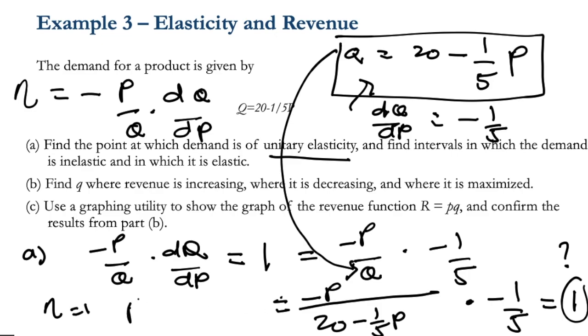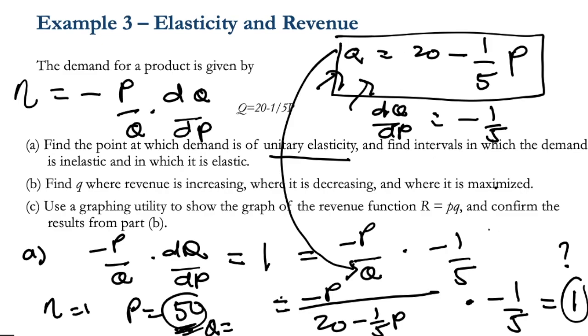Search for P. What is your P? When you rearrange, you're going to see P equivalent to 50. If you don't believe me, rearrange this until you get price equivalent to 50. After you get price equivalent to 50, then find Q. How to find Q? Put P equivalent to 50 back into the Q function, and you're going to get 10.